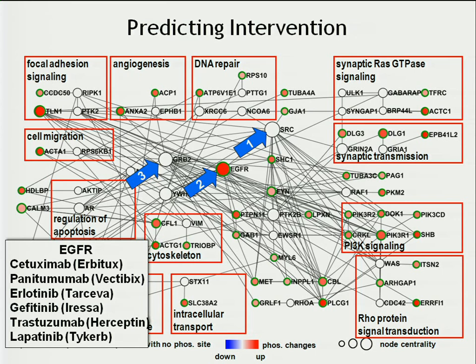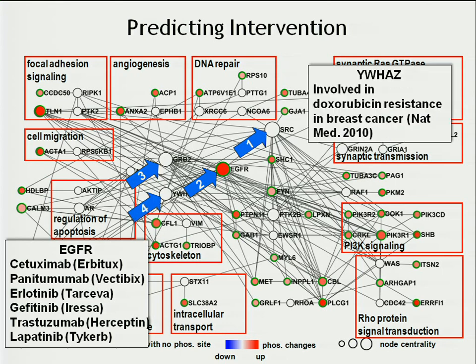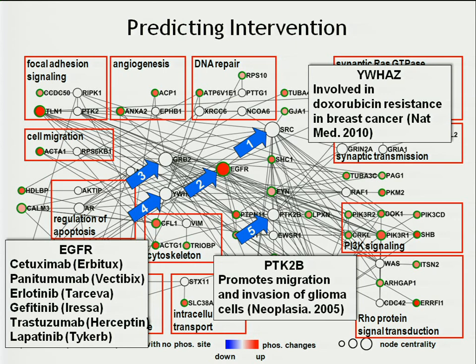Grb2 is part of targeted because large evidence against that as being a mechanism. YW showed me that, and the fifth most central node promotes migration.